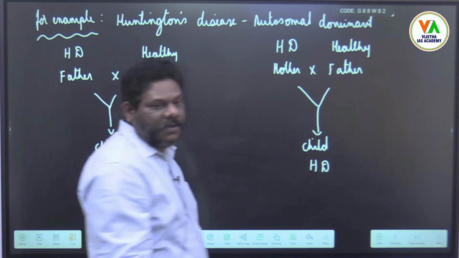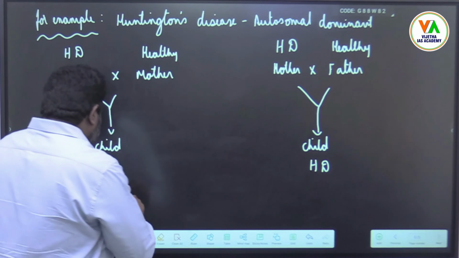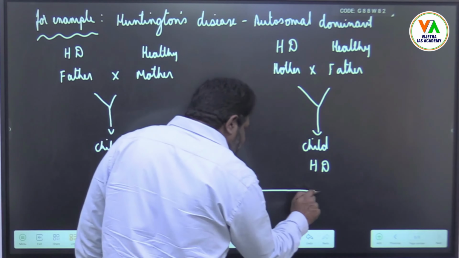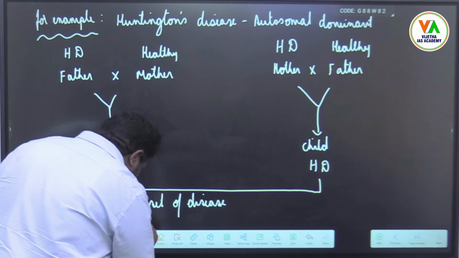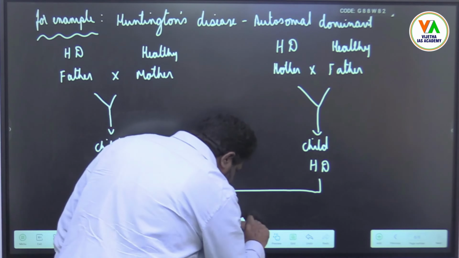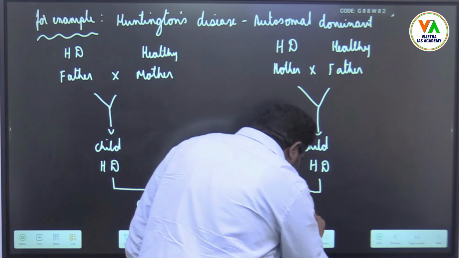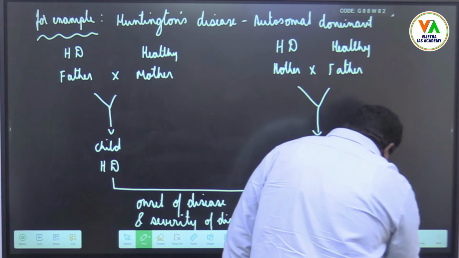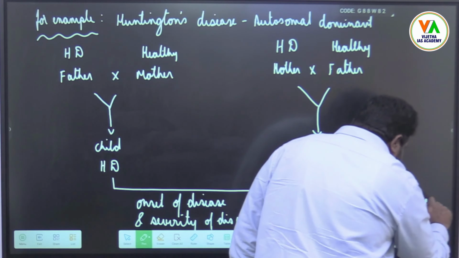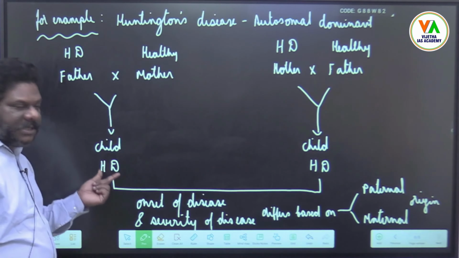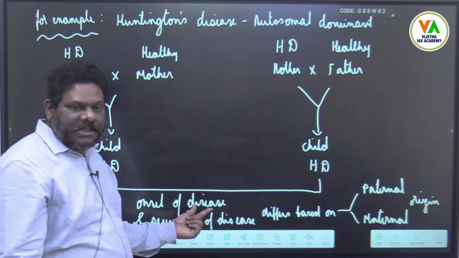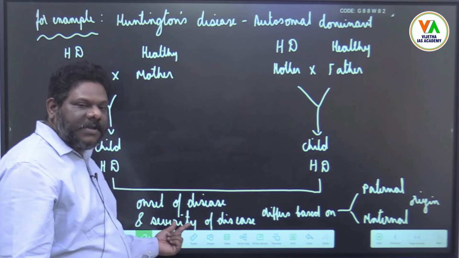Here also you have, but in this case and in this case, the onset of disease and the severity of disease differs based on paternal or maternal origin. Maybe if it is inherited from paternal origin, in this case, the onset of disease is soon and severity of disease may be high.